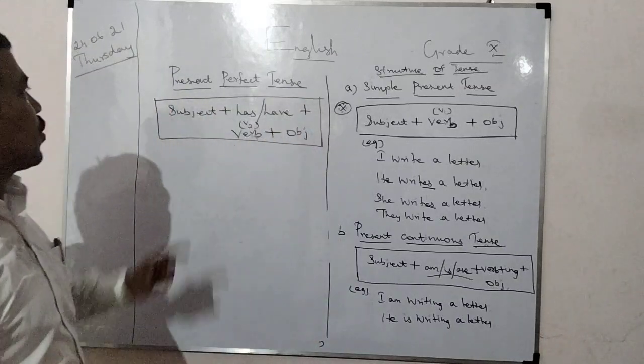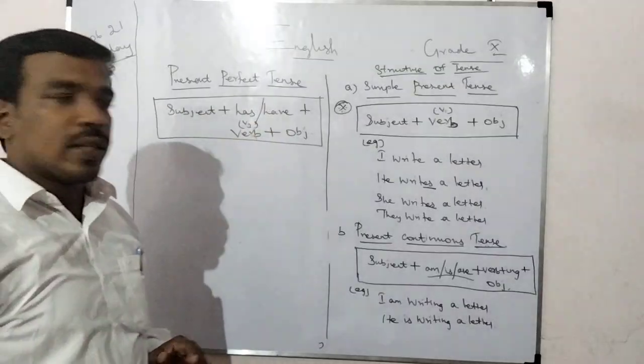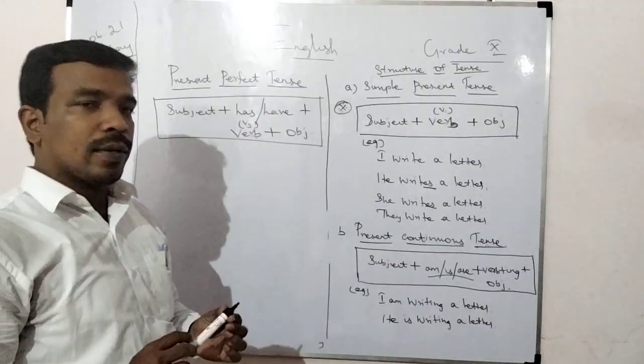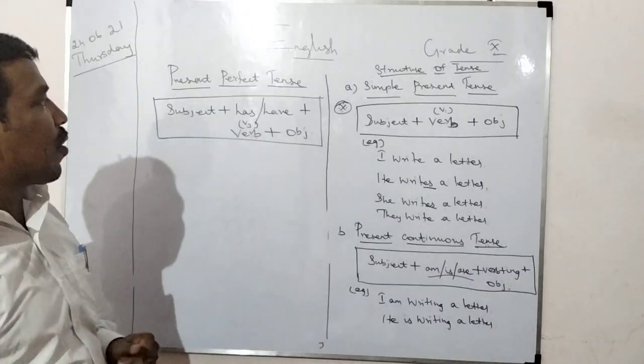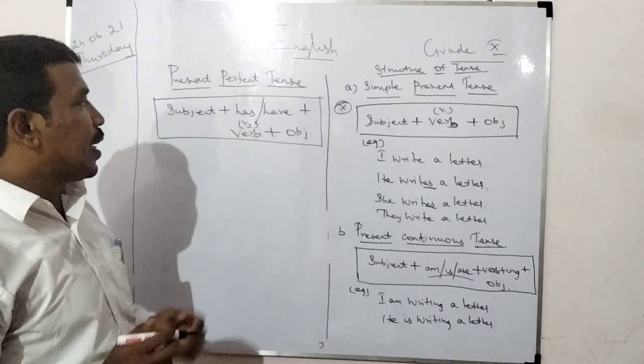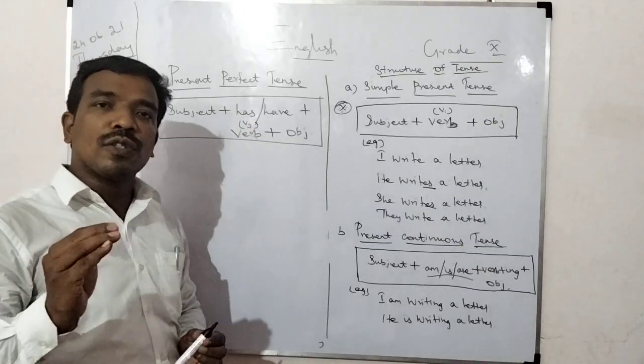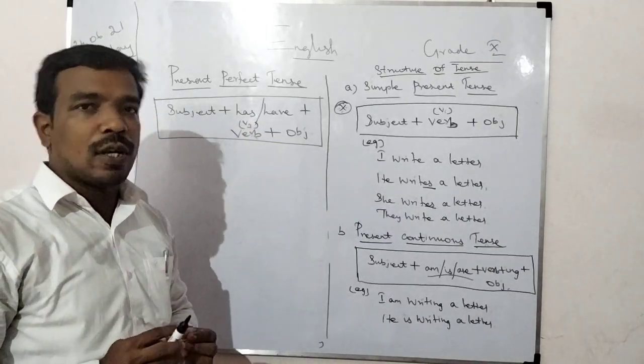So the present perfect tense, the third tense. Have you taken it down? Subject, has or have, plus V3 form of verb, plus object. The past participle form of verb plus object.